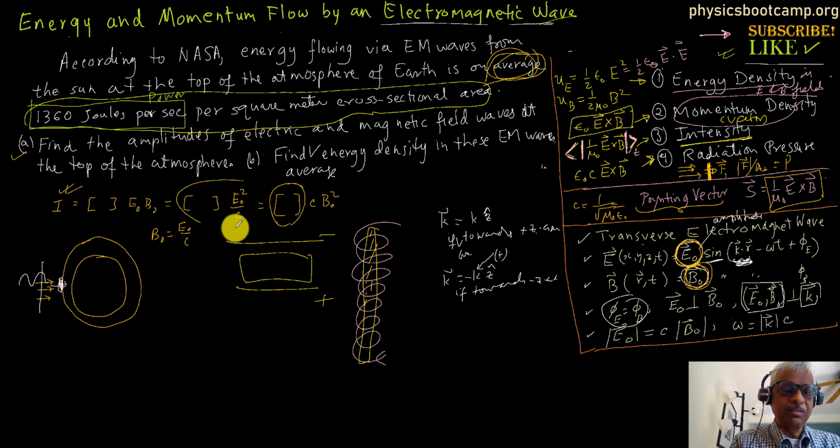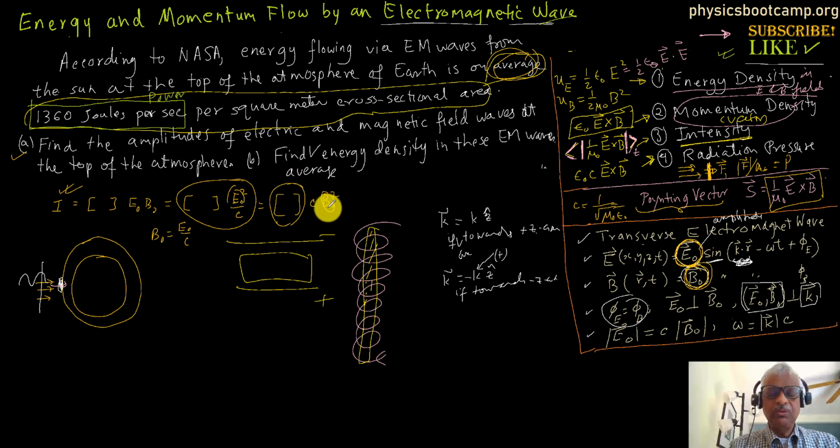Sometimes you can just memorize this formula so you don't have to derive it. It's fundamental, so once you derive it, you memorize it to save time in the test. Using this, it will be very easy in this particular problem to find what E0 will be and what B0 will be. That will be the strategy.